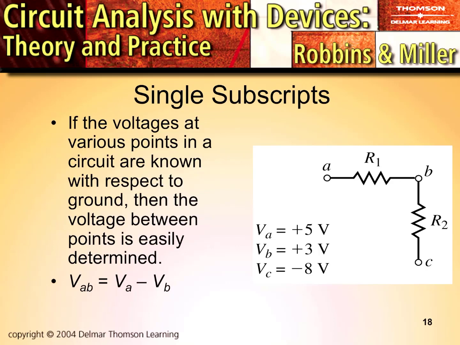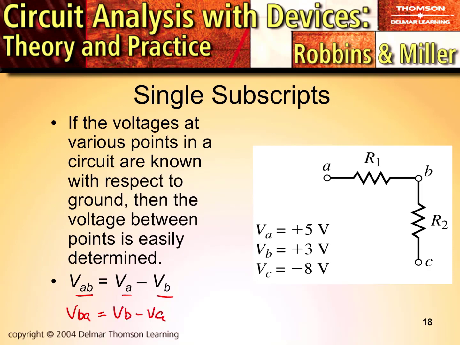When it comes to single subscripts, we can use those to determine a VAB or double subscript value. If you want to determine the value of VAB as a double subscript and you have single subscript values, you can determine that by subtracting the two. But it's important you subtract them in the right order. VAB would be VA minus VB. VBA would be VB minus VA.